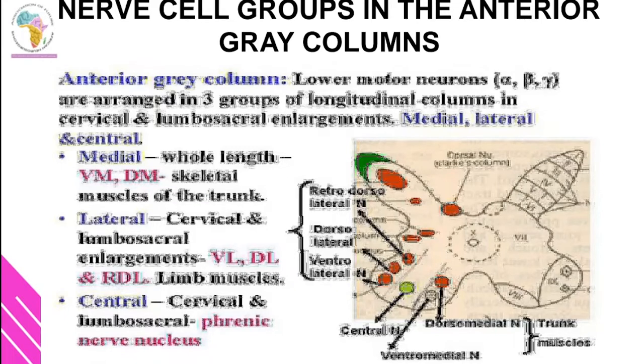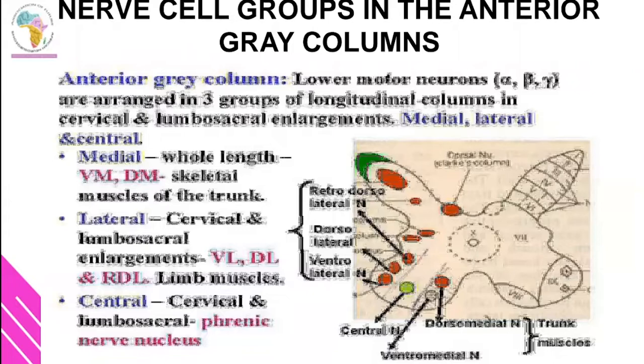This central group of neurons is further divided into the phrenic nerve nuclei, the Onuf's nuclei, and the spinal accessory nucleus.